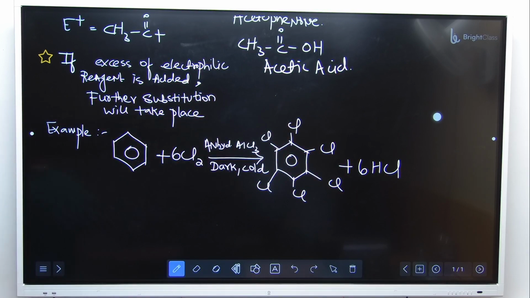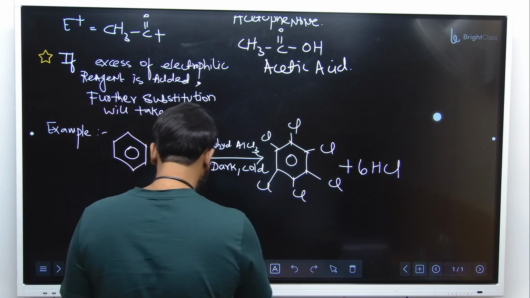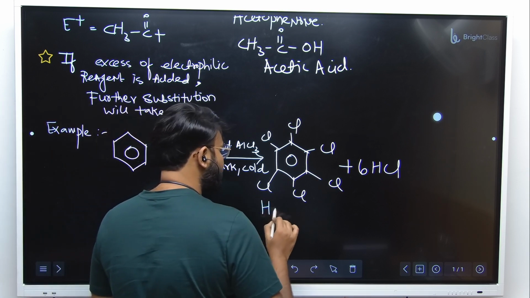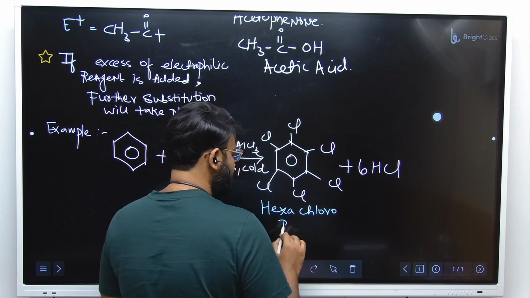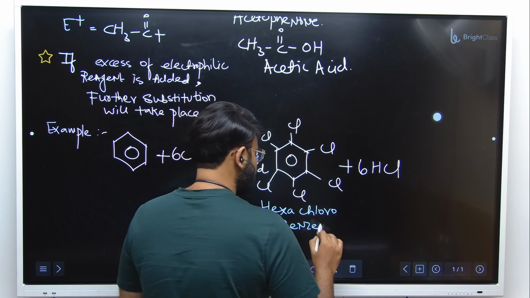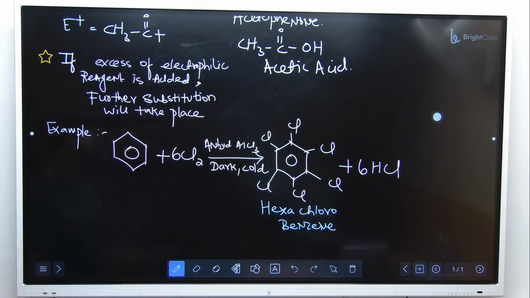Okay, write it down. So what is the name of this compound? It's called hexachlorobenzene. Six chlorines are there, right?